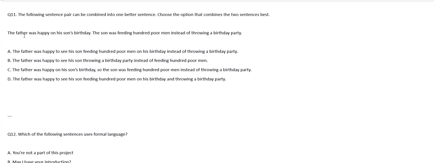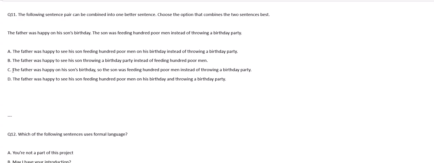According to the given sentence, the son was not throwing a birthday party. Instead, he was feeding 100 poor men. But option B is telling that his son is throwing a birthday party instead of feeding 100 poor men. So it is completely opposite to the given sentence.